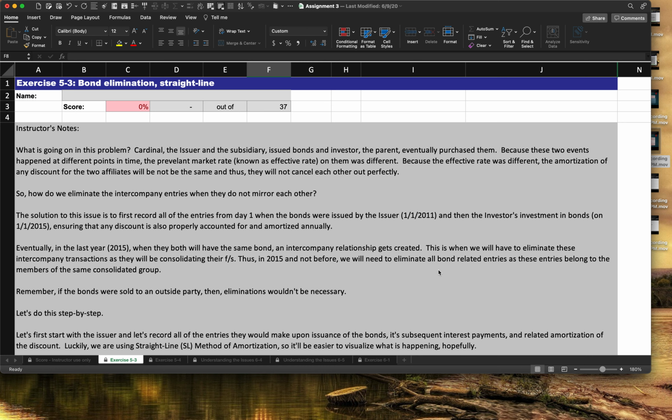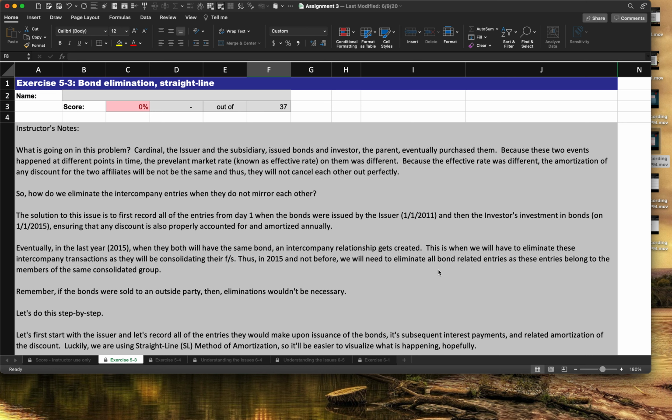On Jan 1, 2011, these bonds have a face value of $100,000, a coupon rate of 8%, and a term of 10 years, and they were sold for $96,000. I hope that from the previous lecture you realize why we're selling this at $96,000 when it's really worth $100,000.